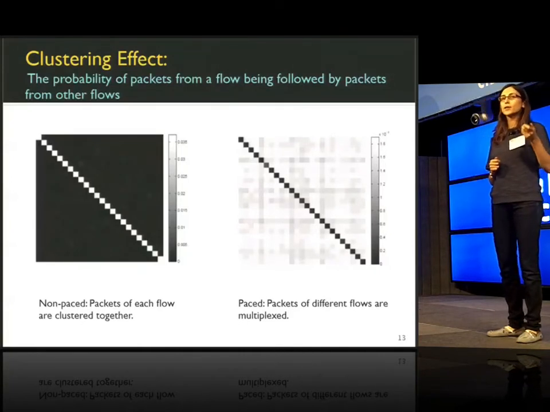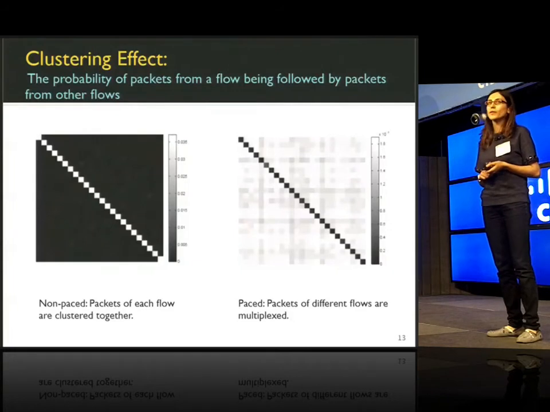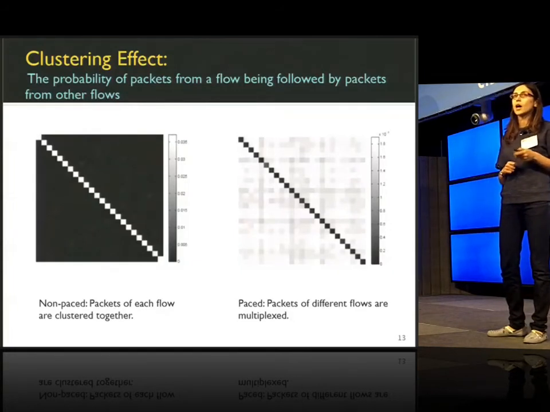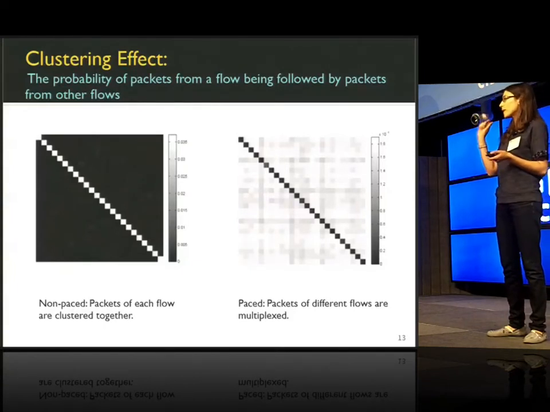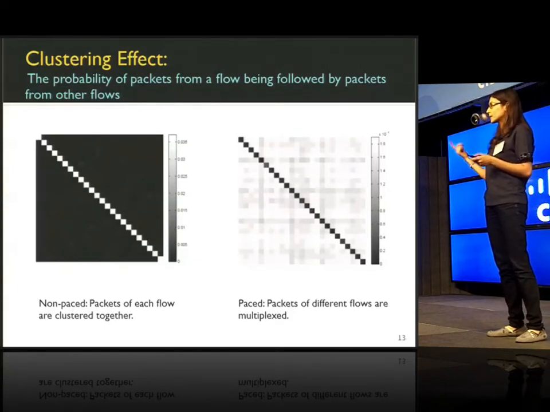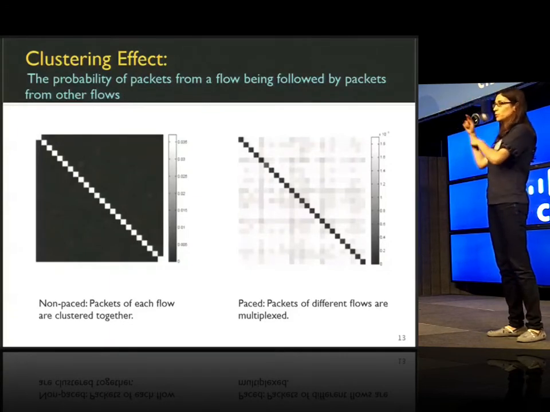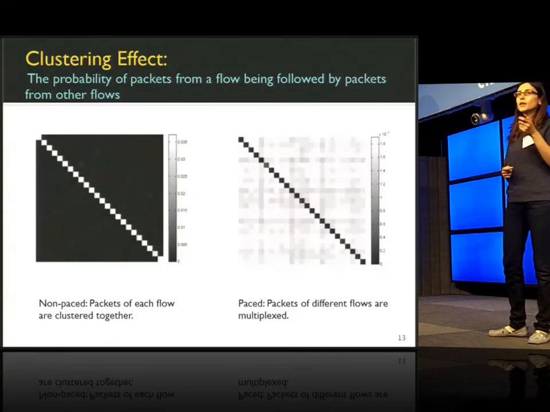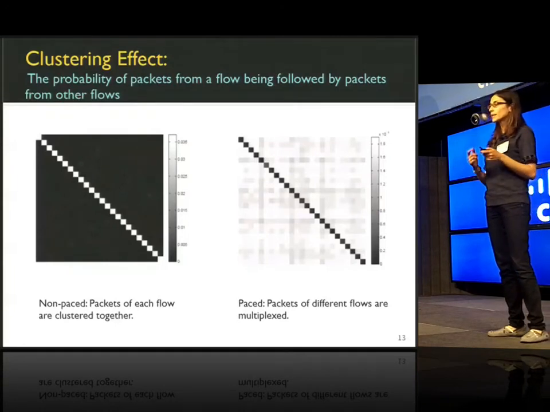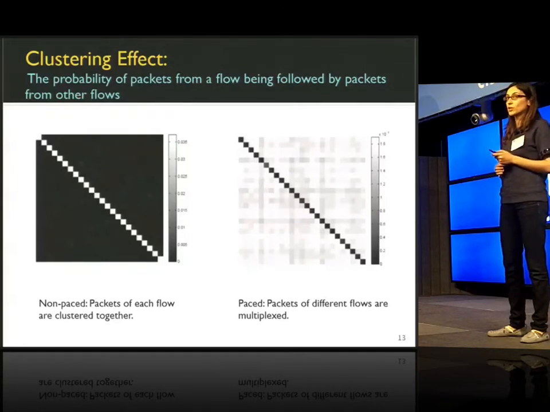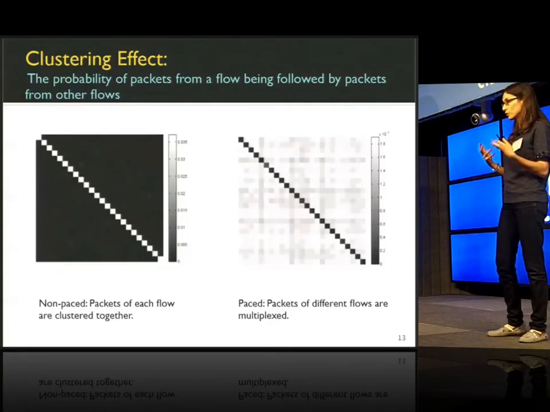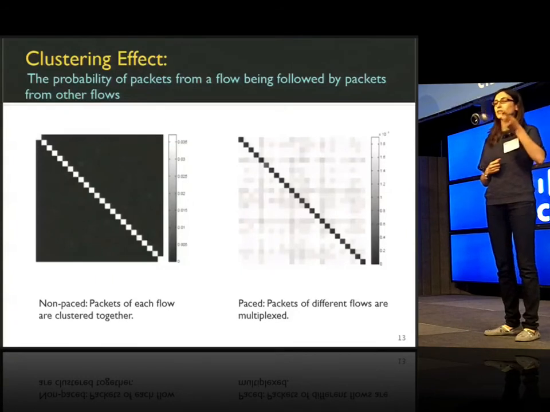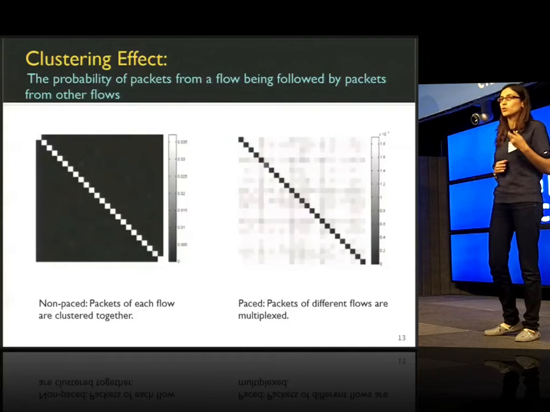On the left-hand side, I'm plotting the non-paced case, where the diagonal of this matrix has the highest probability, meaning that in a non-paced case, it's more probable for packets belonging to the same flow to be followed by packets of its own flow, meaning burst, burst, burst, burst. On the other hand, on the right-hand side, in the paced case, the diagonal of the matrix actually has the lowest probability, meaning that the packets of the paced case are intermixed with each other. And the probability of packets of flow i being followed by flow i again is pretty low.